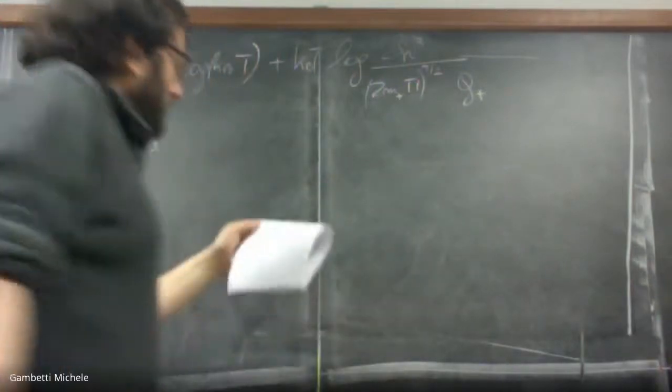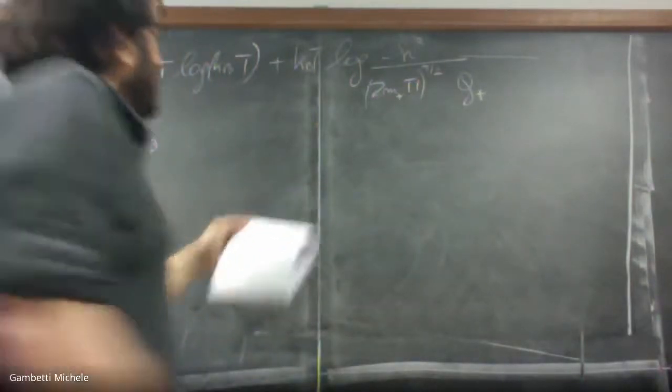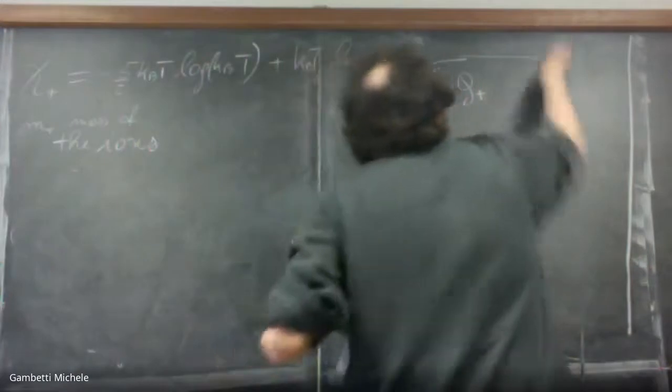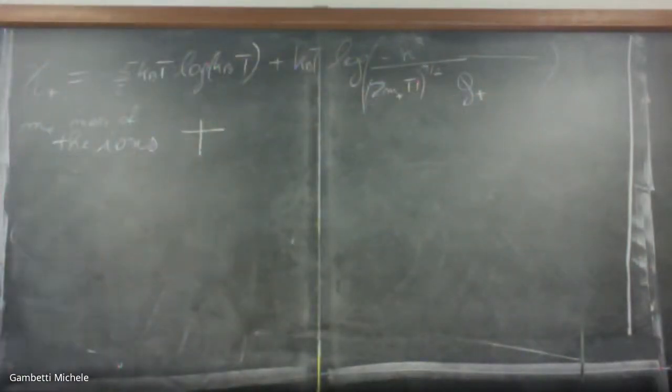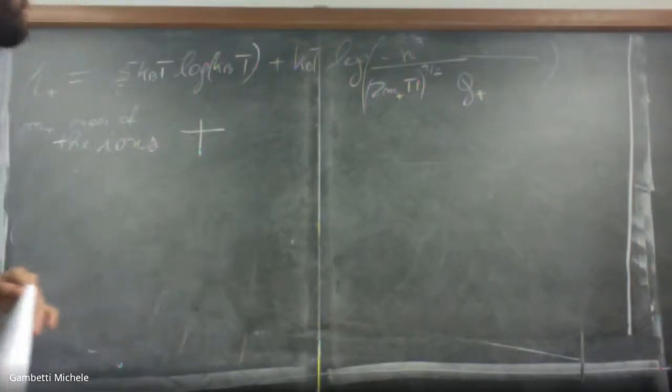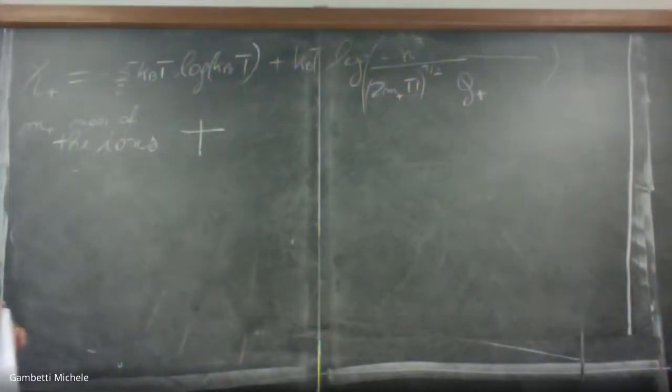Let's see if I have everything. Now here you have to add another quantity that again I will justify in the following way.